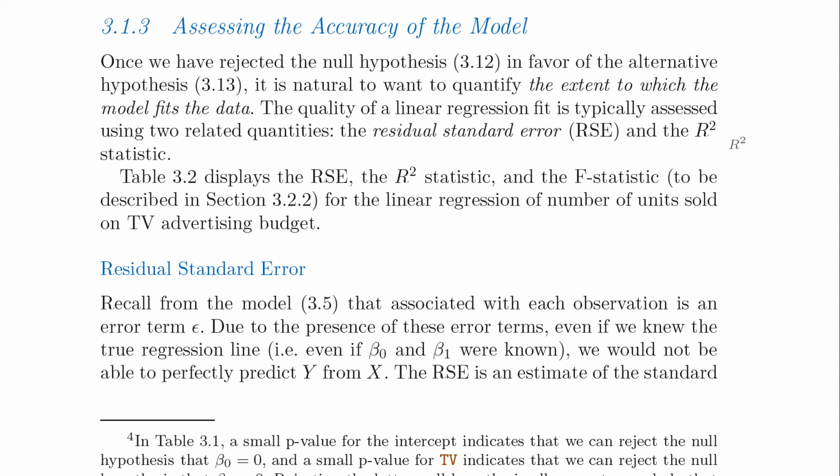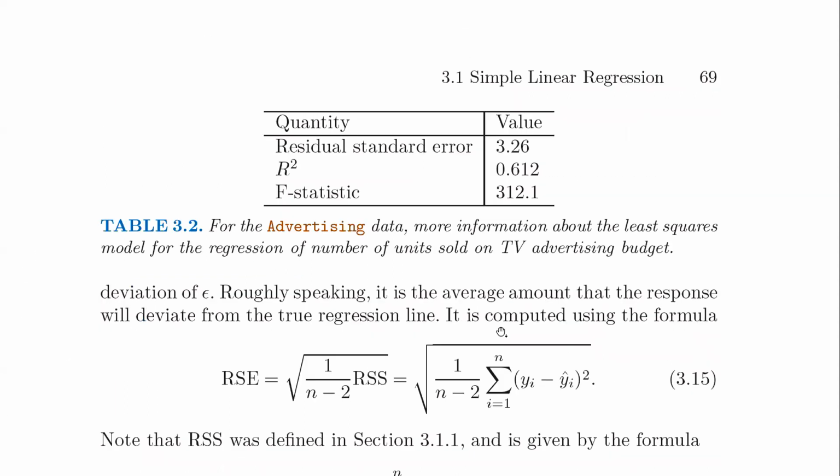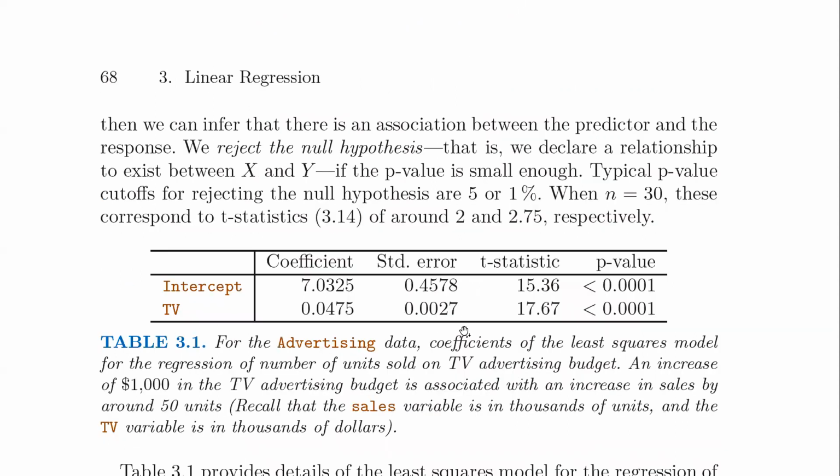So table 3.2 displays the residual standard error, the R² statistic, and the F statistic for the linear regression of number of units sold against TV advertising budget. So we have these 3 values. Okay, let's see.